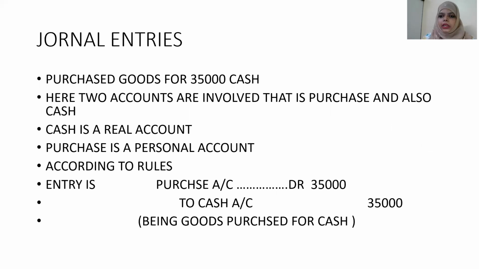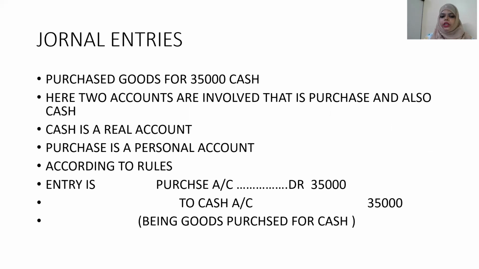Even if there is a company, people of the company go and buy the product. The company doesn't go itself. And if there is a particular business, the business person will go and buy the product. The business won't go and buy the product. So purchase is a personal account.